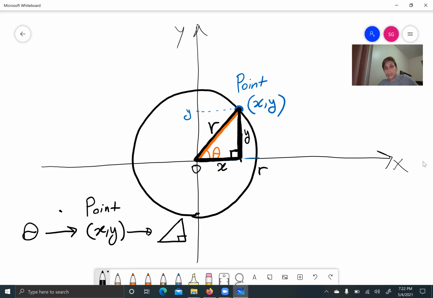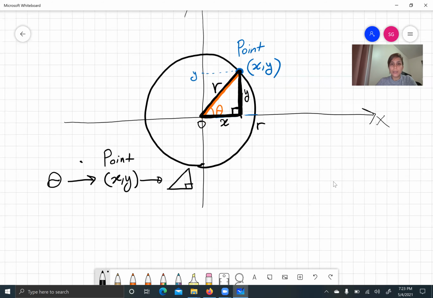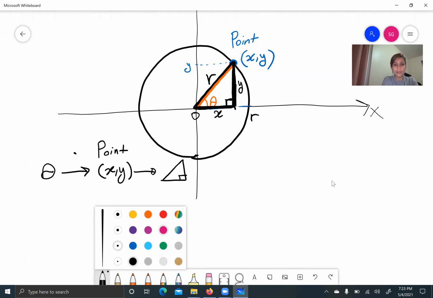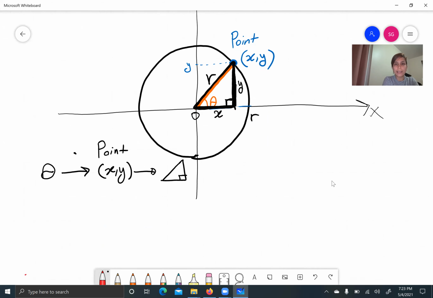With this, we are going to define and introduce a trigonometric function. For example, look at here. I'm going to define the first one. Something you can calculate here is the ratio of y over r.